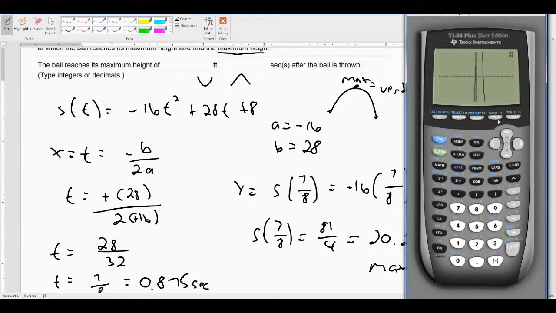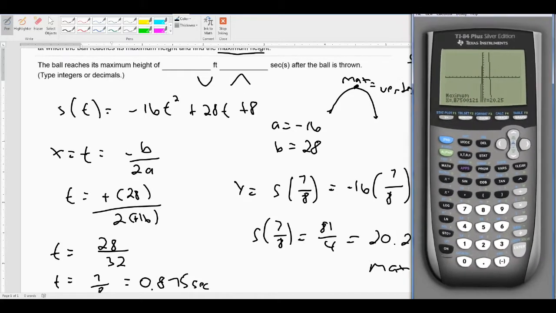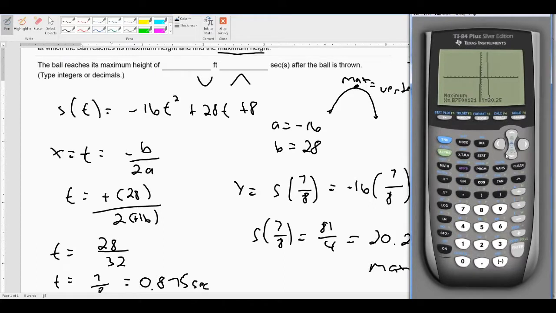Watch this. I'm going to just hit second trace, use the maximum feature 4, and then I think it's 0.875, which is between 0 and 1, so let's hit 0, enter, 1, enter, enter again. See that 0.875 and the 20.25? Checks out. Everything checks out. So we're good to go.